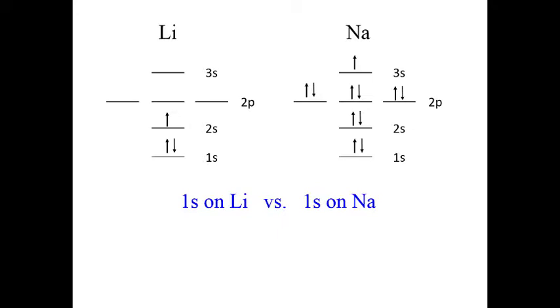The 1s electrons on a given atom may shield each other a little bit, but these electrons essentially feel the full nuclear charge, which is +3 on lithium, but +11 on sodium. Going back to Coulomb's law, we're dealing with opposite charges, negative electrons and positive nuclei. So as opposite charges get bigger, the energy gets lower. 1s on sodium should be at lower energy.